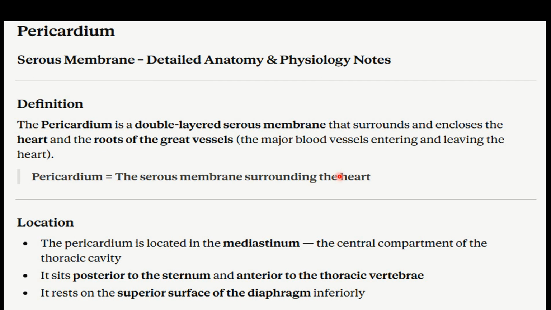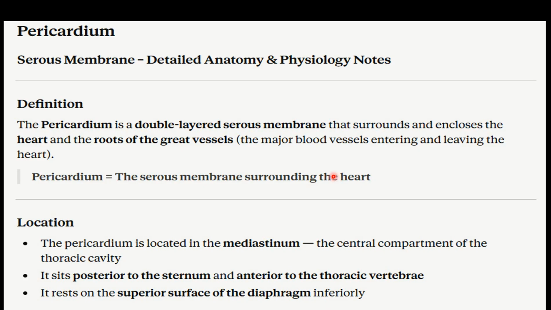To conclude the overall definition, the pericardium is a serous membrane surrounding the heart. If you remember, in one of the last sessions we talked about a serous membrane which covers the lungs, but here we are talking about a serous membrane surrounding the heart.